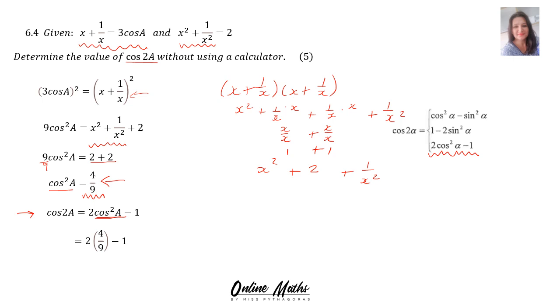So I substituted 4 over 9, and the answer is minus 1 over 9. So where are the marks? Squaring both sides, the expansion of that bracket, this cos squared a, which is 4 over 9, the double angle, and the final answer.